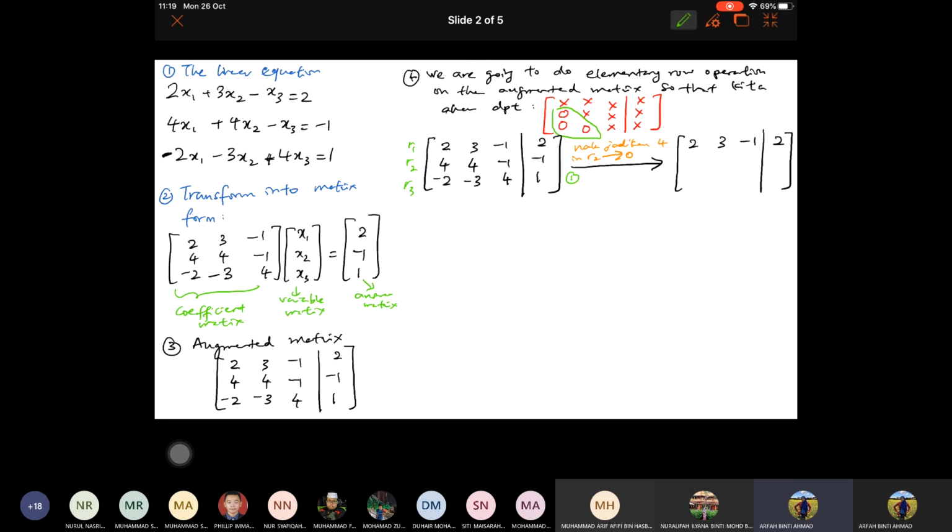So our aim is actually for R2. So I would like to list down all the possible operation that can be done on R2. Okay. So the new R2, kita nak jadikan kosong, kita boleh ambil negatif 2 R1 tambah R2. Okay. Sebab negatif 2 darab 2 dia akan jadi 4. Tambah dengan 4 jadi kosong. Okay. So apa lagi possible solution?